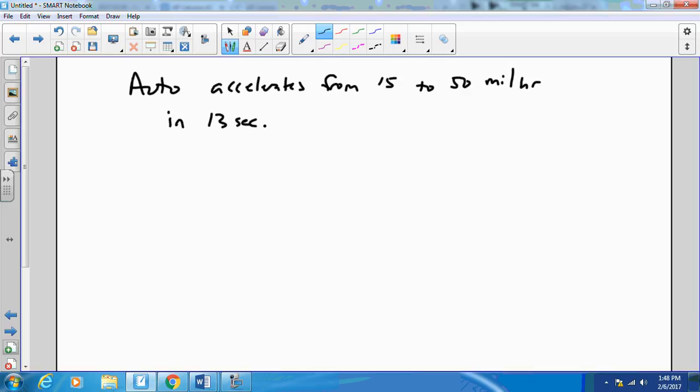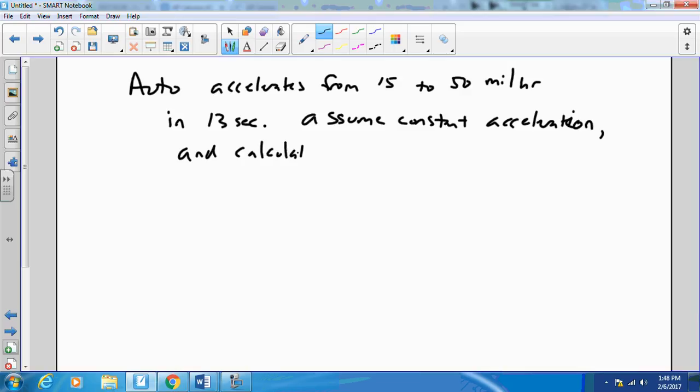Now they tell us to assume constant acceleration and calculate first the acceleration in feet per second per second.